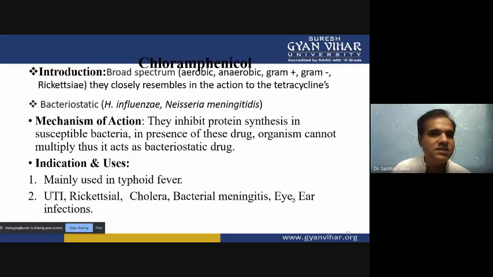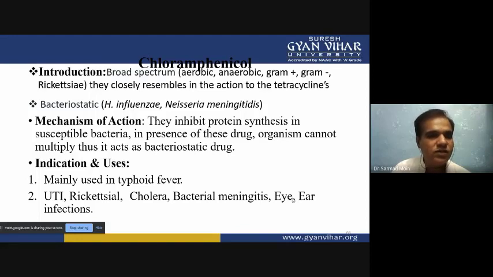Next is chloramphenicol. Chloramphenicol is a broad-spectrum antibiotic, effective against aerobic, anaerobic, gram-positive, gram-negative bacteria, and rickettsia, and it closely resembles tetracycline in its action. That's why we are studying tetracycline and chloramphenicol together.